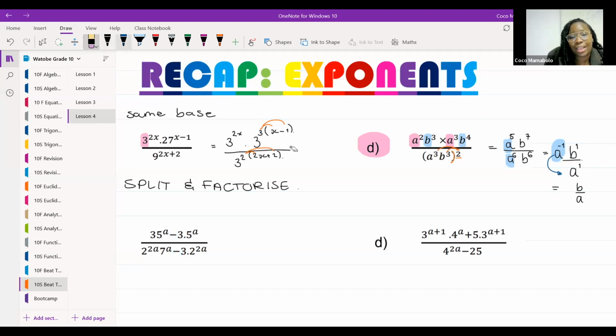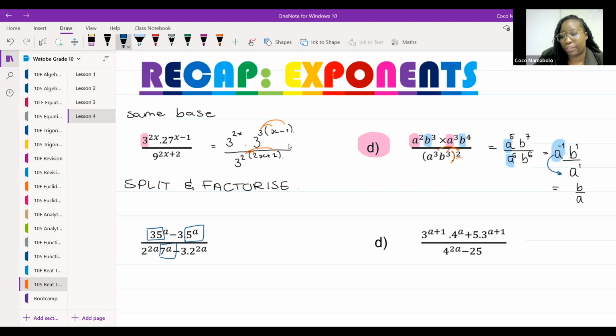Now, I want us to split 35. But before we split 35 and think about the many different ways that we can possibly split 35, I want you guys to note that this is 35 to the power of A. Over here, I've got a 5 to the power of A, and over here, I've got a 7 to the power of A. So how do you guys think we can split this 35 so that it has two things that I need in it?